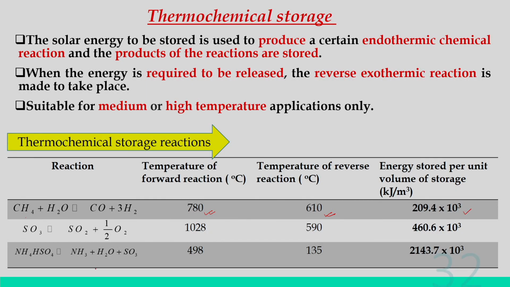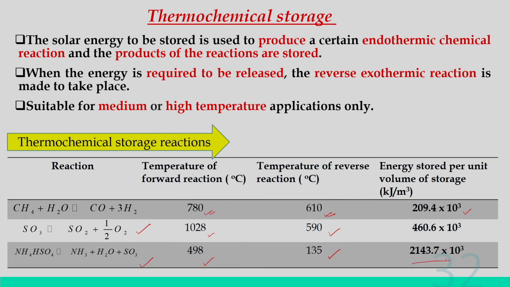So, for other cases also we can see how it varies. For this reaction, the forward reaction will happen at 1028 degrees C and the reverse reaction happens at 590. And for the other reaction you can see the forward reaction is at 498 and it is about 135 for the reverse reaction.